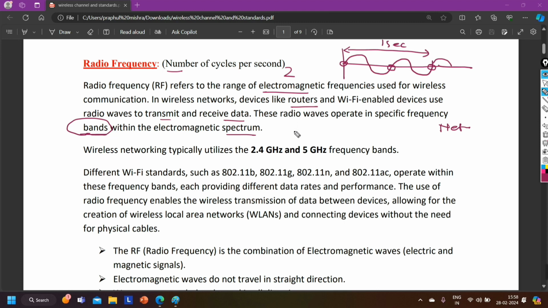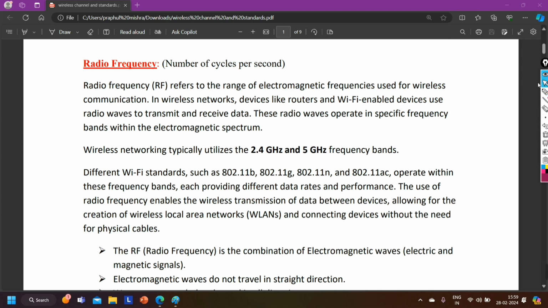So if we are talking about one range of frequency, let's say 2.4 to 2.415, I'm just giving you one example, in this range we have multiple frequencies, right? And this can be known as a band. So a band is nothing but a group of frequencies.